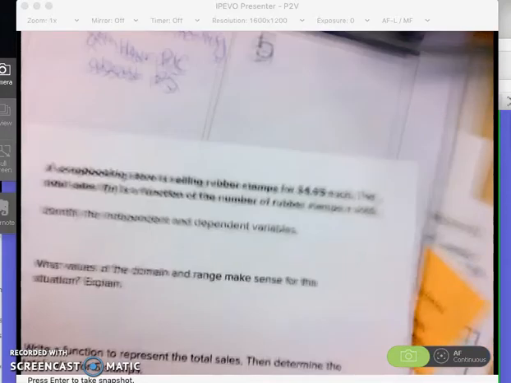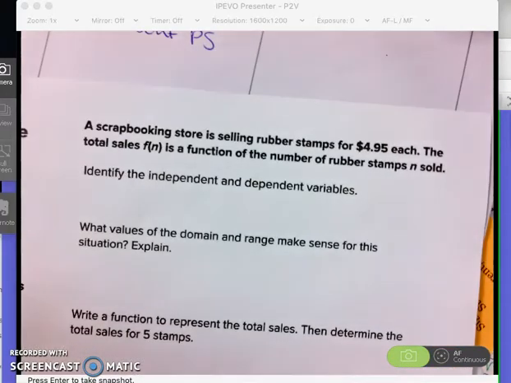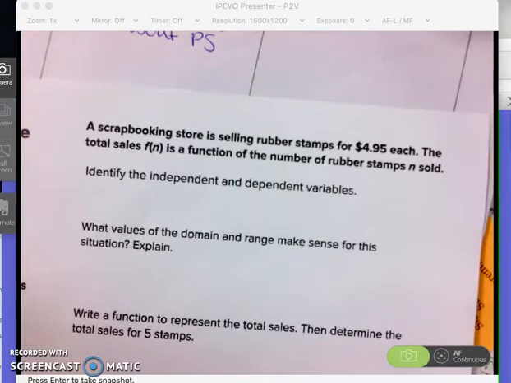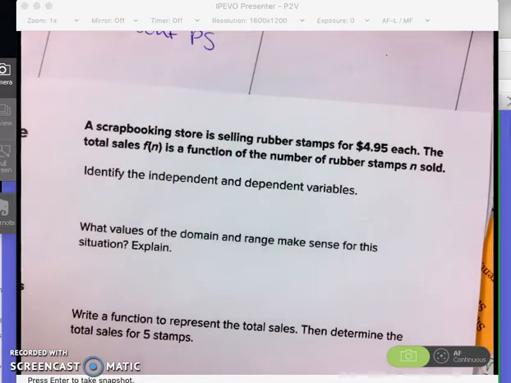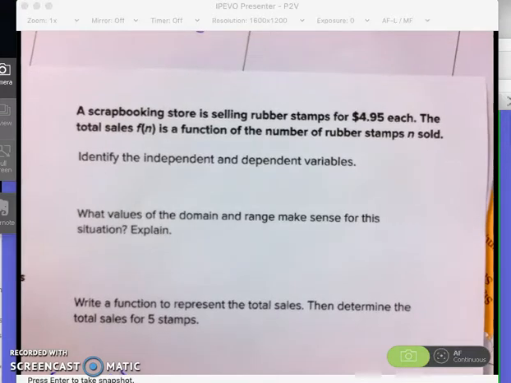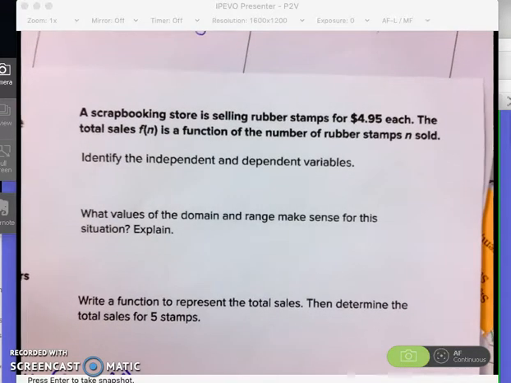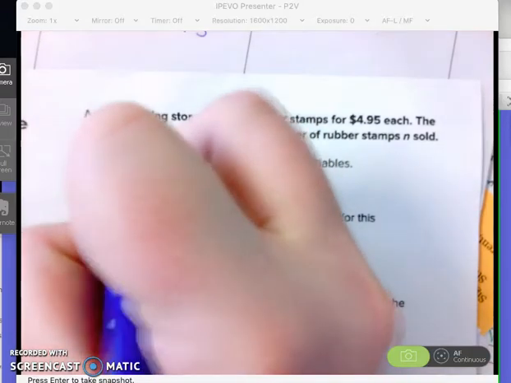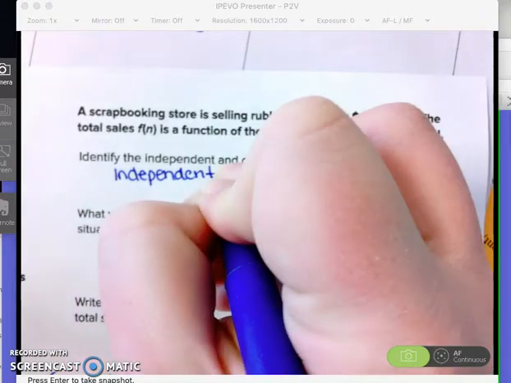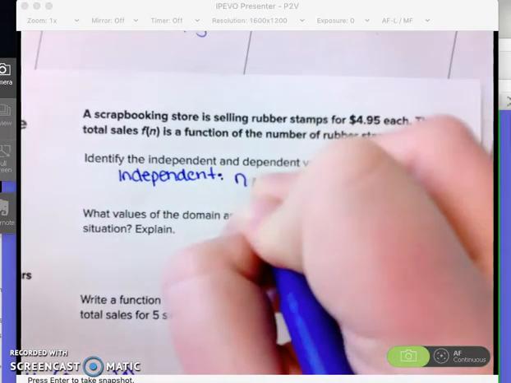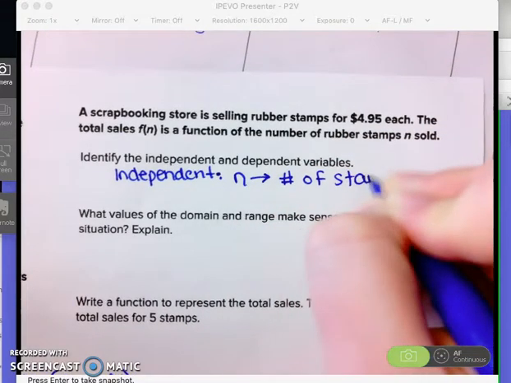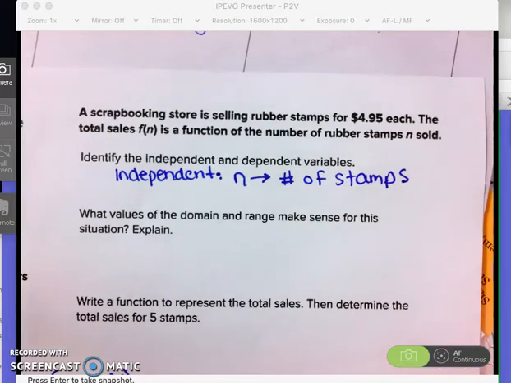Okay, let's do one more example. A scrapbooking store is selling rubber stamps for $4.95 each, and the total sales, f of n, is a function of the number of rubber stamps sold. So identify the independent and dependent variables. So which one will depend on the other? Well, independent is going to be my n, and my n is going to be the number of rubber stamps.